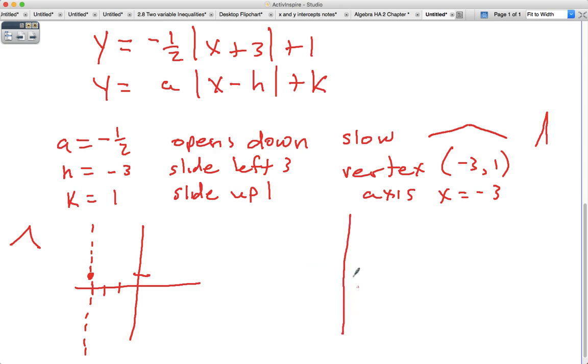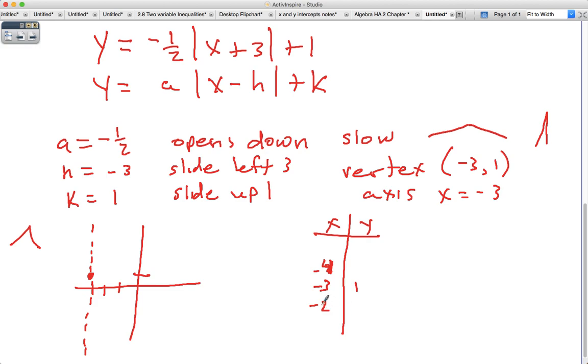I'm going to use my vertex as my middle starting point. So I know negative 3, 1 is my vertex. And then I'm going to pick the number negative 2, or excuse me, negative 4 before, and then negative 2 after.